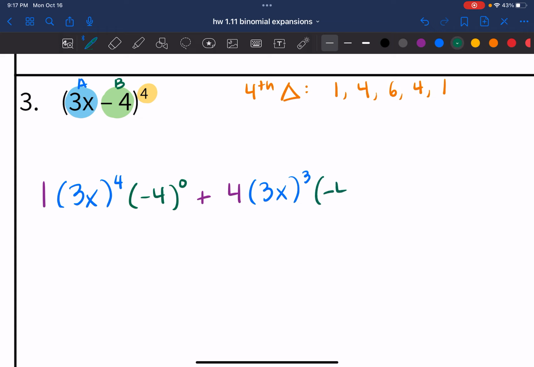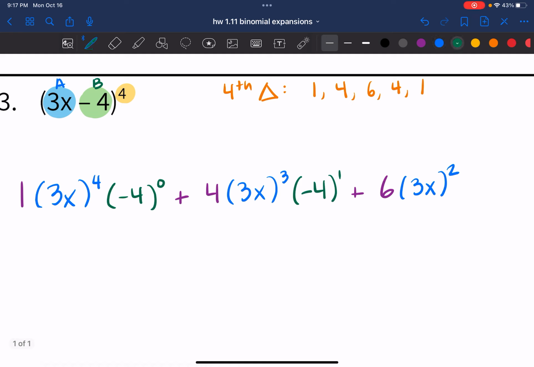Our B term, the negative 4, we started at the 0 power, but now we increase to the 1 power. For our next term, we keep that pattern going. I start with the middle number, which is 6. Our A term, 3x, goes down a power, so we square it. And our B term, negative 4, goes up a power.